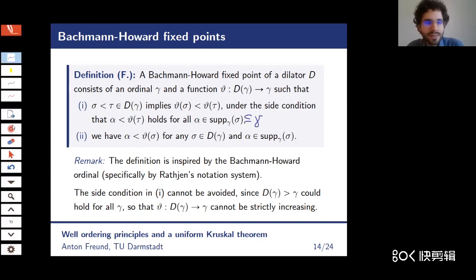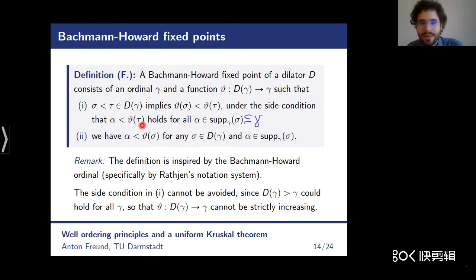And then we ask whether for any element alpha in the support, this element is bounded by the collapse of the larger element tau. And if this is always the case, if all elements in the support are bounded by the larger value, then we say that the side condition is satisfied, and then we demand that our collapse theta is order preserving at that point.